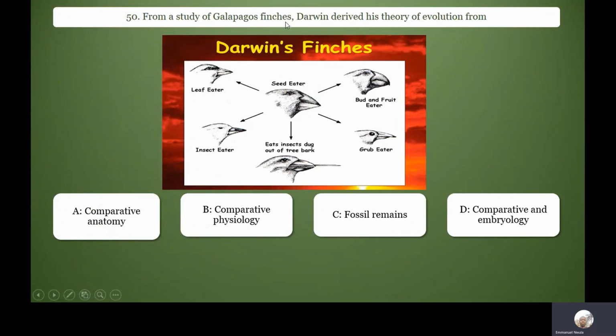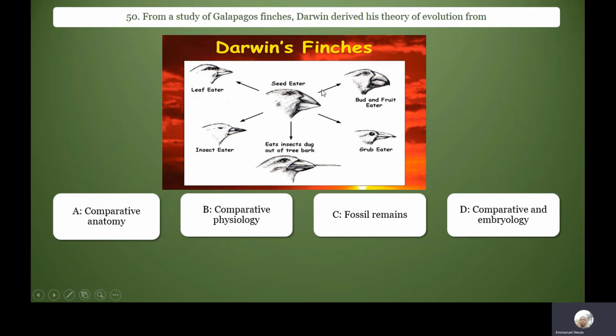From a study of Galapagos finches, Darwin derived his theory of evolution from comparative anatomy. If you look at the beaks of the finches, he was able to state that these finch birds were able to develop different beak types because of the different types of foods they feed on, or different ways of feeding.